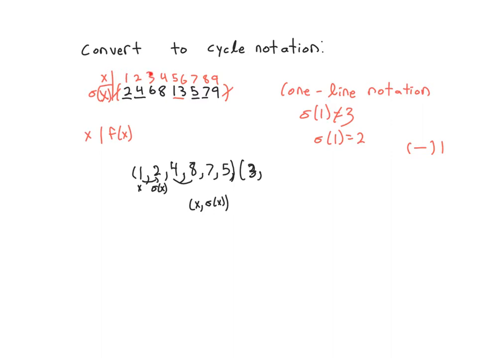What does sigma do to 3? It sends it to 6. What does sigma do to 6? It sends it back to 3. And then finally we see that 9 is sent to itself. So there is our answer.